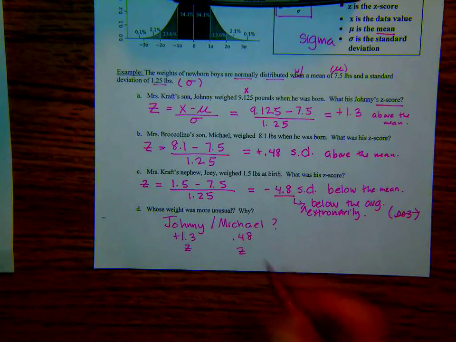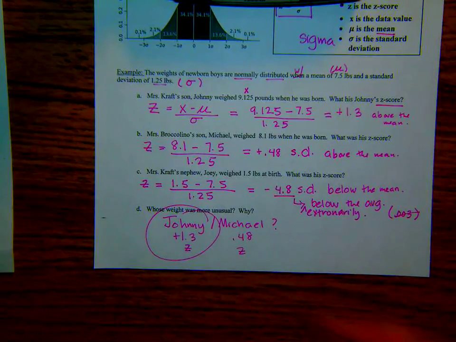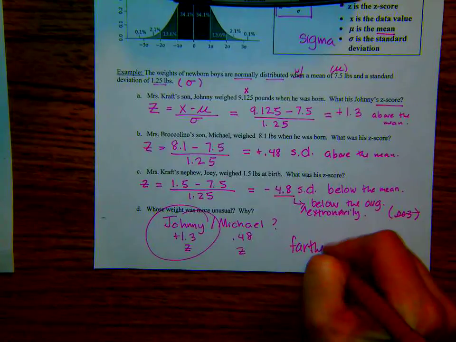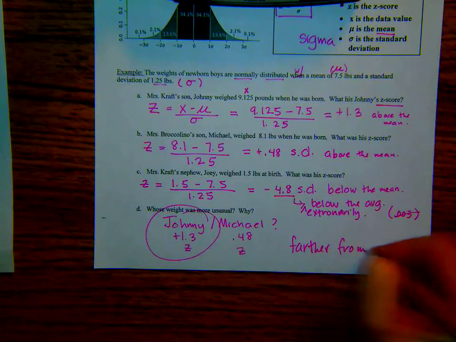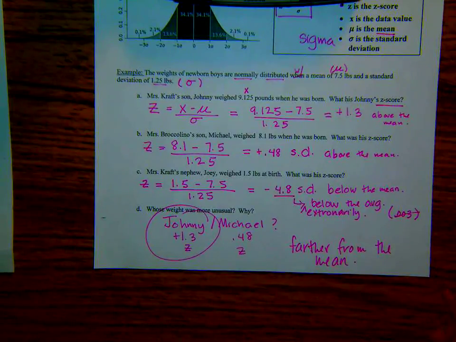Well, Johnny, because Johnny was farther from the mean. Okay? And that's what makes Johnny's score more unusual. He was 1.3 standard deviations away from the mean. And that's what you do with z-scores.